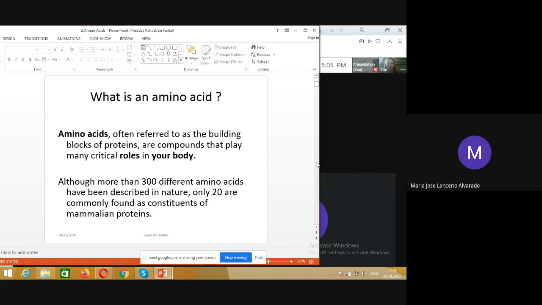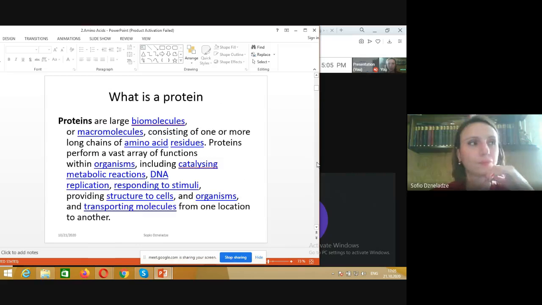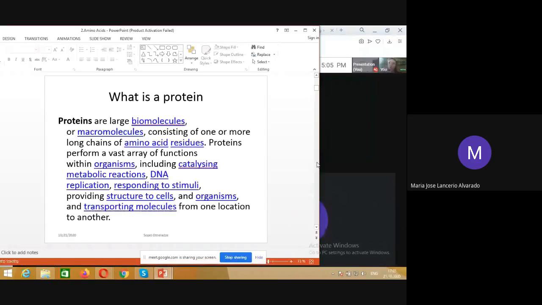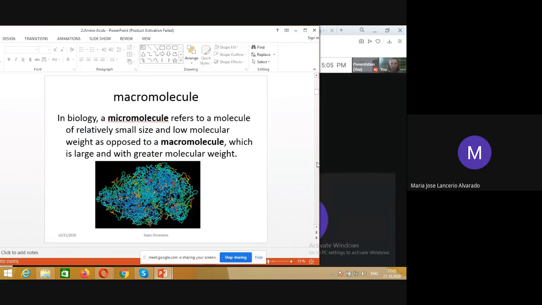And what is the protein? Protein is a sequence of amino acids, and it has four structures: the primary, secondary, tertiary, and quaternary structures, and they're macromolecules.